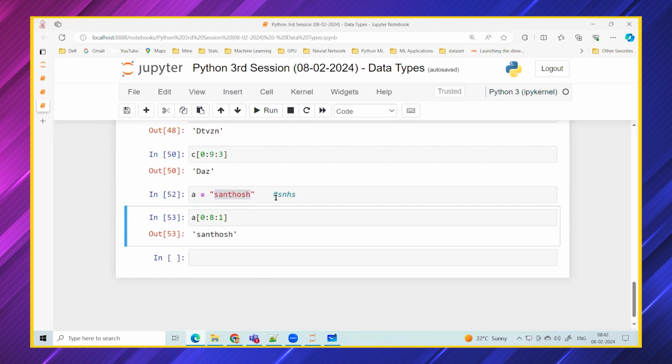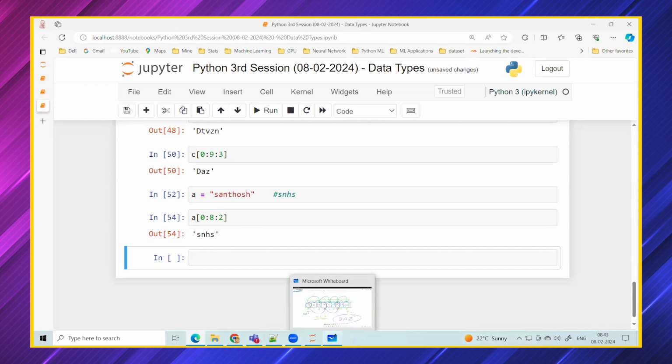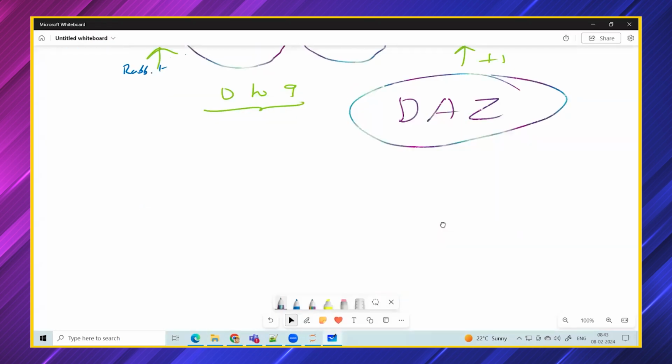I need 0 colon 7 colon 2, which gives S, N, H, S. The step should be 2, and the end should be 7, not 8, because the index starts at 0 and there are a total of 8 characters. See, I'm explaining it to you once again.